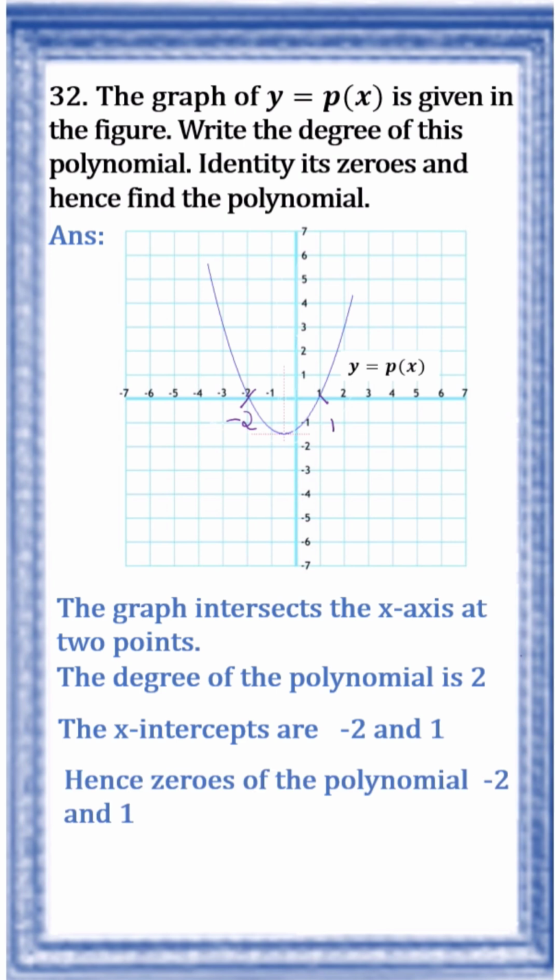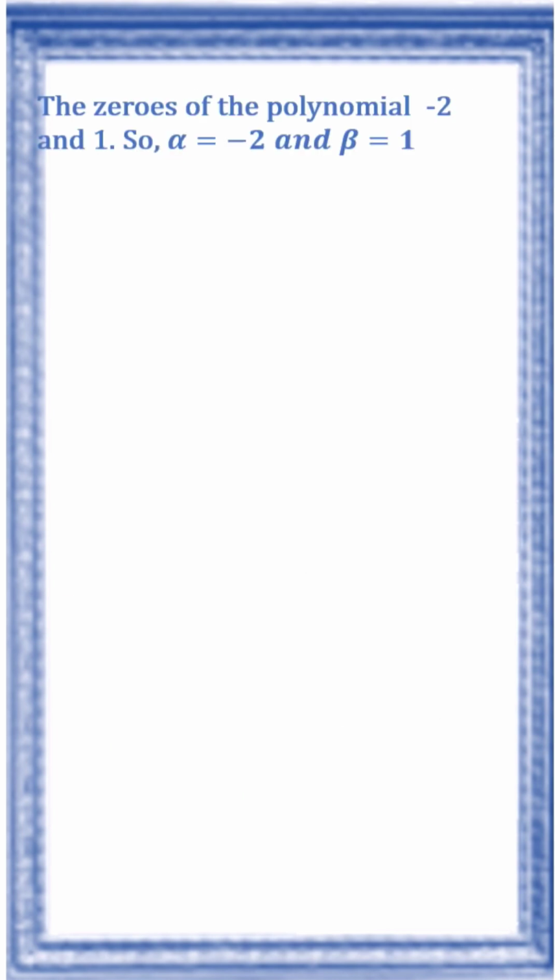So the zeros of the polynomial are negative of 2 and 1. So alpha is equal to negative of 2 and beta is equal to 1. Now we have alpha plus beta, that is equal to negative of 2 plus 1, that is negative of 1, alpha into beta, negative of 2 into 1, that is negative of 2.